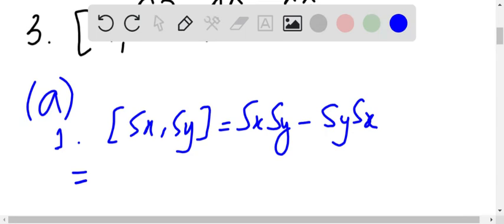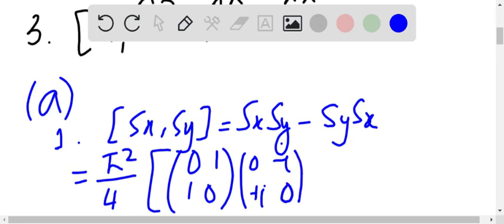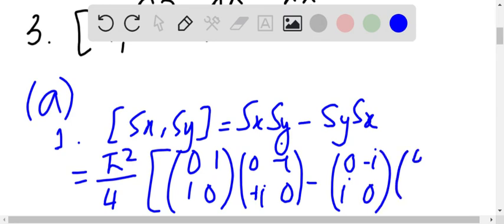Now the next step is that ħ squared divided by 4 times [0, 1; 1, 0] times [0, -i; i, 0] minus [0, -i; i, 0] times [0, 1; 1, 0].